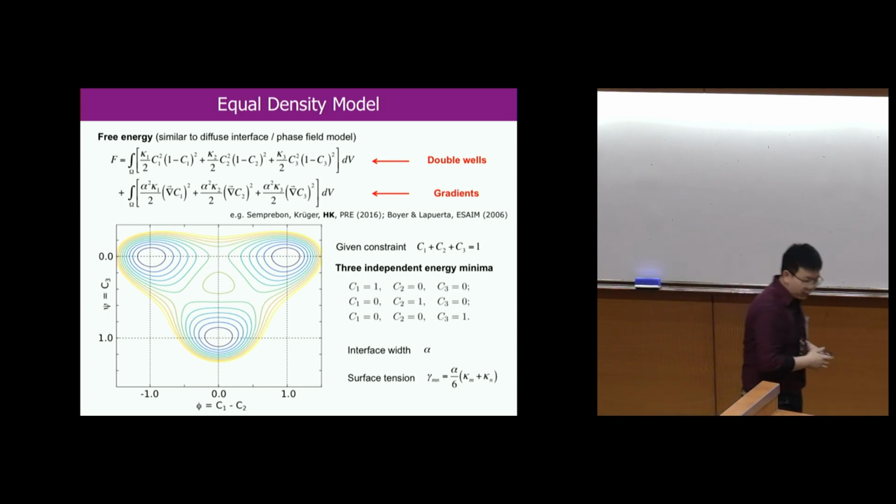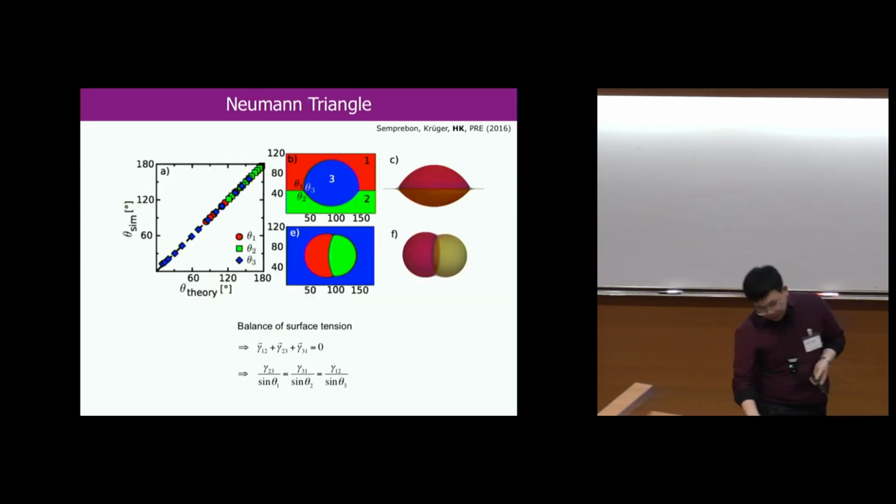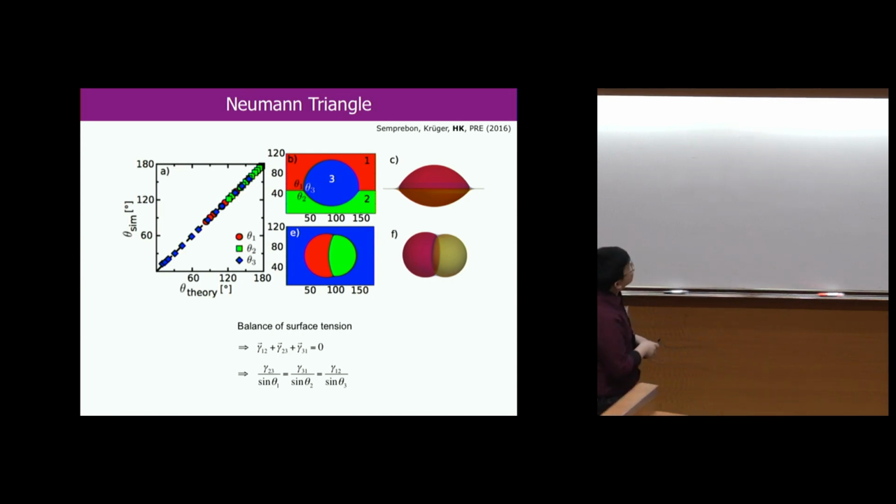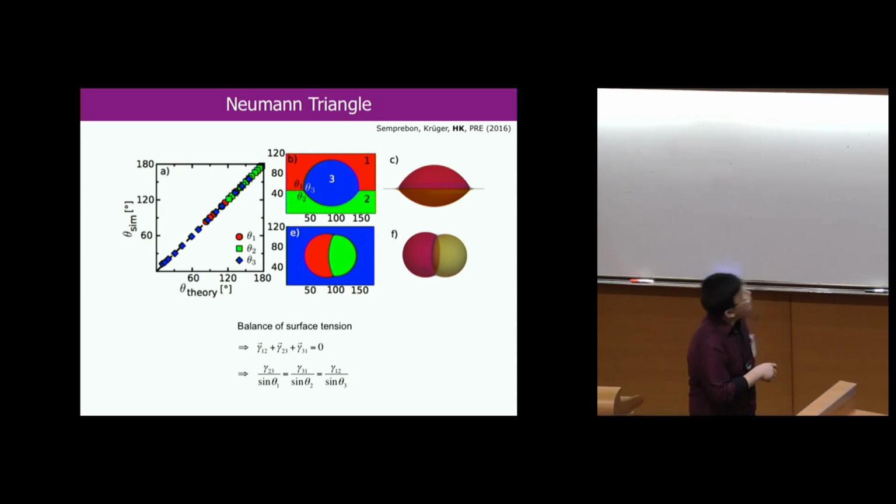So we've done our homework, and we test the Neumann triangles, for example. This is one thing you can do to test what happens in a ternary system. The surface forces should balance at the contact line, and it follows the sine law, or you can call it a Neumann triangle.